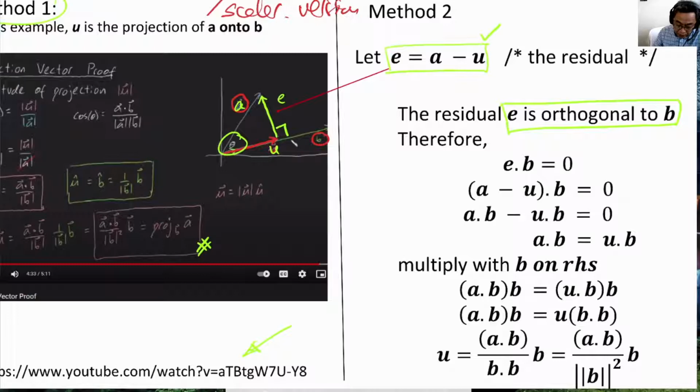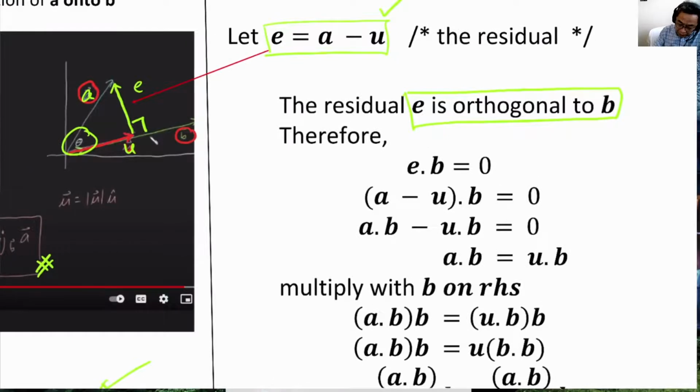In a later lecture, you will realize that by having orthogonal projection, the error E is the smallest. So E dot B equals 0. This is a scalar 0. The dot product of E and B vectors is 0.